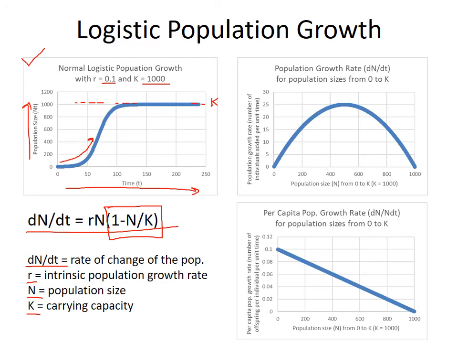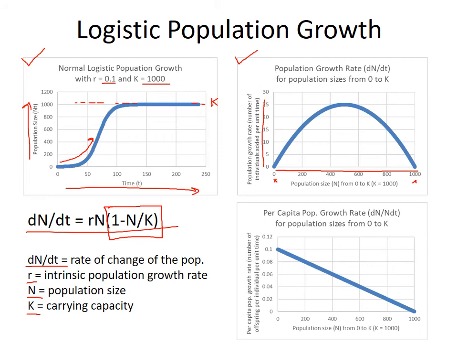So in this graph here, the x-axis is different now. It's not time, it's population size. And population size is going from 0 to 1,000. 1,000 in this case is K, the carrying capacity. And then what's on the y-axis is the population growth rate, number of individuals added per unit time.